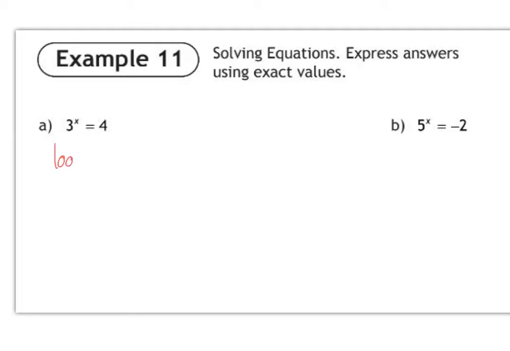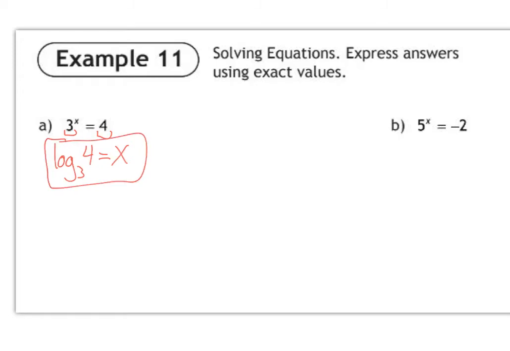So I'm going to have log base 3, that's my base, of 4, that's my argument, is equal to my exponent, and I actually just solved that. This is the exact value for x. You can get a decimal approximation for this very easily with a calculator. We used to use tables for this before calculators were common. But at this point, your problem is done.